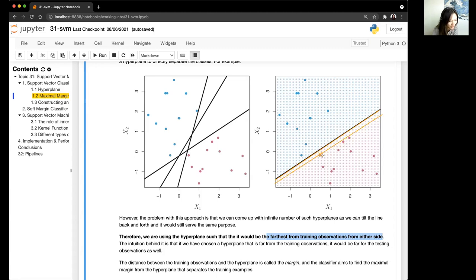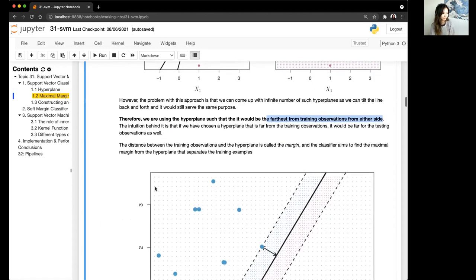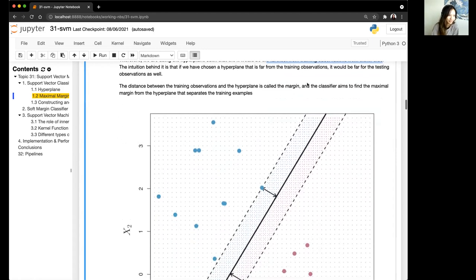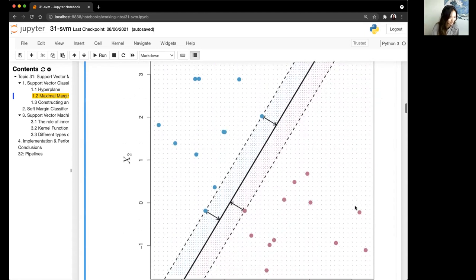So the margin for this plane will be plus minus that distance. So in terms of terminology, that is the margin. So the classifier is basically aiming to find the maximal margin from the hyperplane that separates the training examples. Pretty much the same thing in different words. Questions about this concept idea?